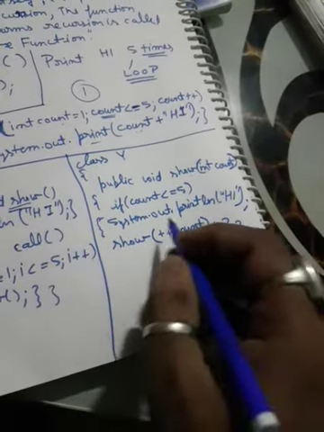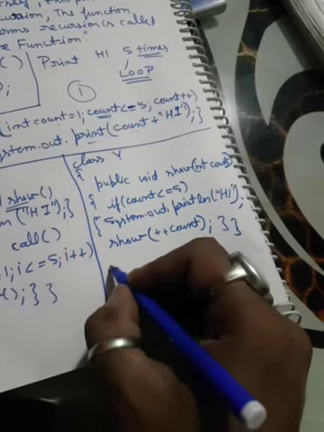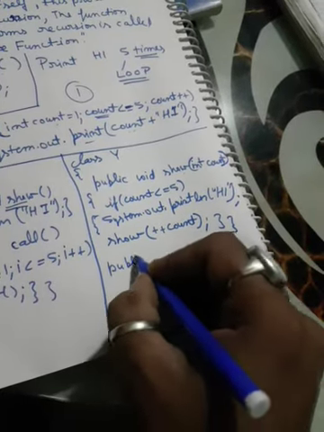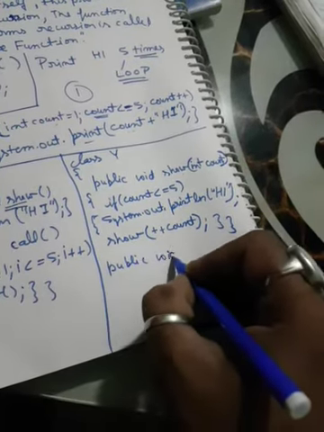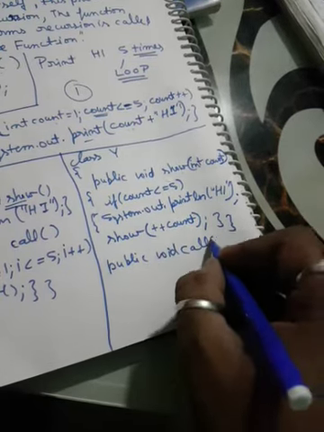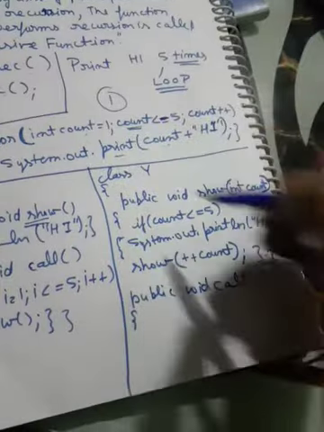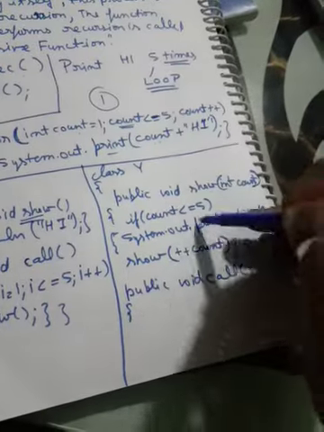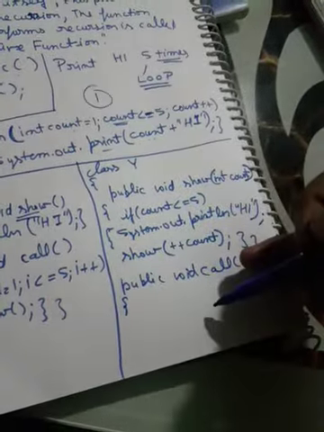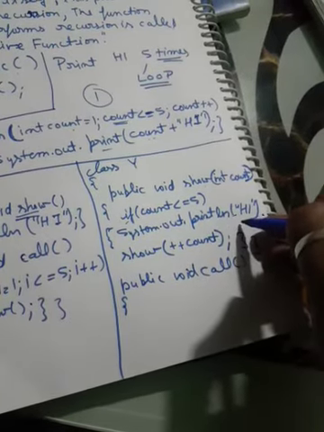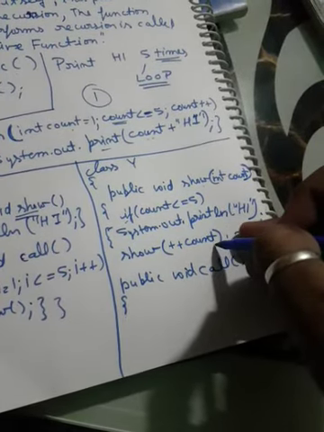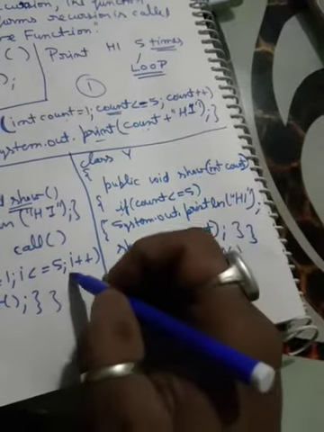To start this process of recursion, I have got a function public void call. All right. Students, when I compare this with loop, I have taken test expression here. I have got the loop body statement here. Update is also here. But where is the initialization?